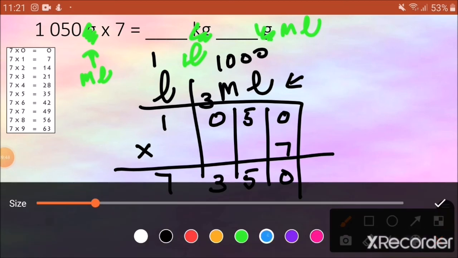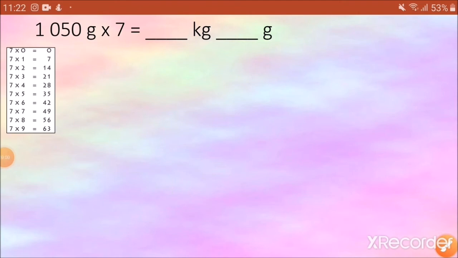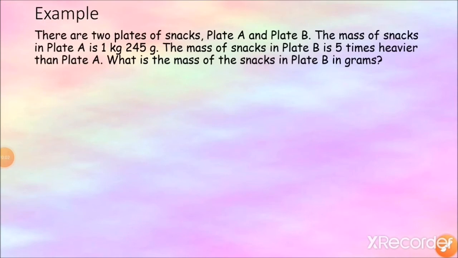So sekarang isi tempat kosong. 7 ada di sebelah liter, so kita isi di sini, sebab sini liter. And then 350 ada di sebelah ml, so kita isi di sini. Senang kan?